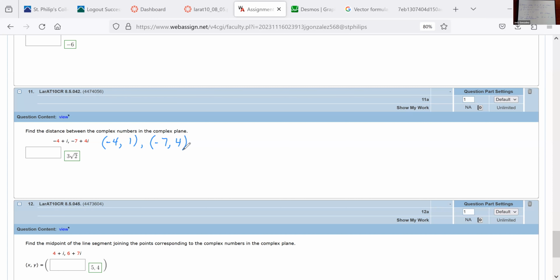So distance, we said a while back, is going to be equal to... Was it minus or plus? I want to say it was minus. Yeah. Change them to points and we should be able to get it.